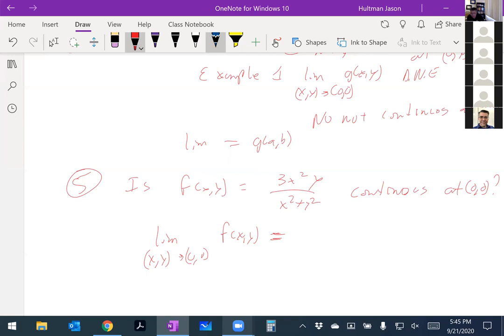Anybody know? What's the limit of this function? It was 0. Yeah, how did you know, Armando? Because we proved it. Yeah, because we just spent 45 minutes proving that. See example 3, see proof. But what else is true? Isn't f(0, 0) equal to 0? Isn't that also true? So is this continuous? Yes. Boom, done.